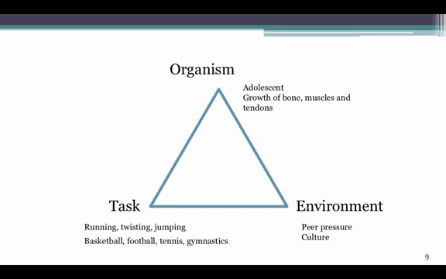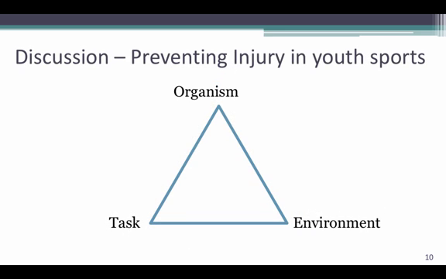Meanwhile, many children are playing a variety of sports that include a number of actions, such as running, twisting, jumping. Thinking about each of these constraints and the factors that influence them, how can we prevent injury in youth sports? Pause the video and take a few minutes to write down some of your thoughts using this model.